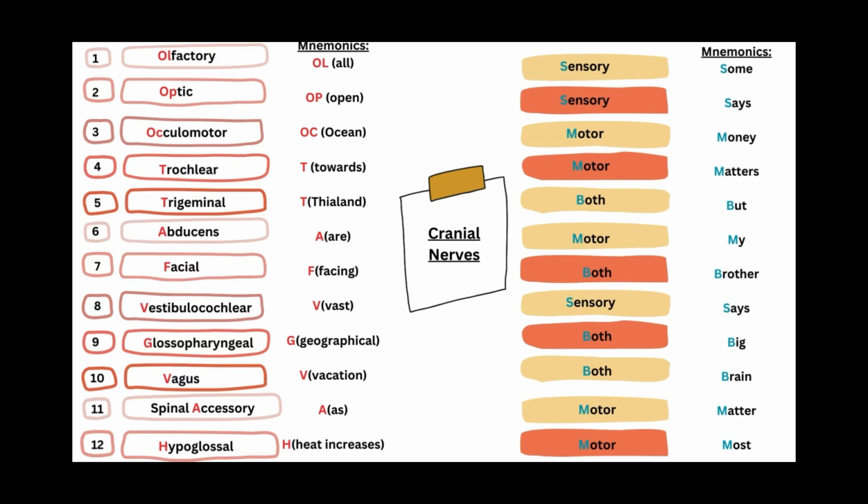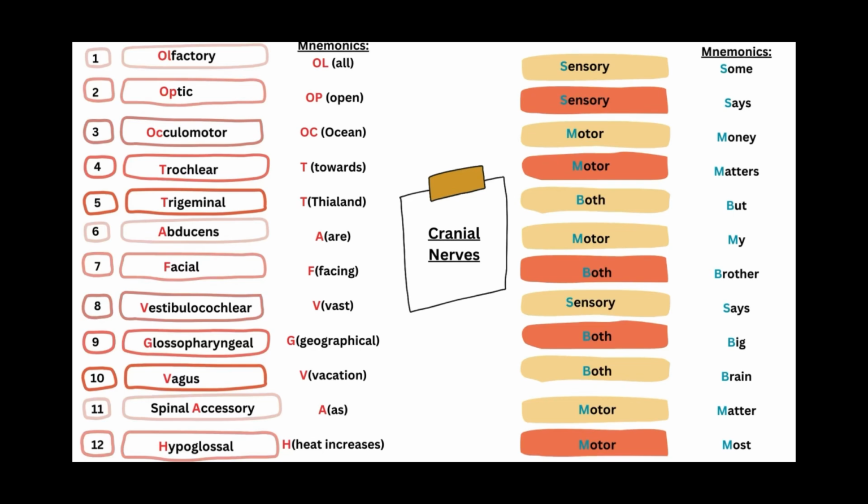So just remember the first and second letters of the first three cranial nerves. Olfactory is OL, so you can say all. The second is optic, so OP, and the third is oculomotor, so OC. So it's good to memorize the first two letters of these three cranial nerves.